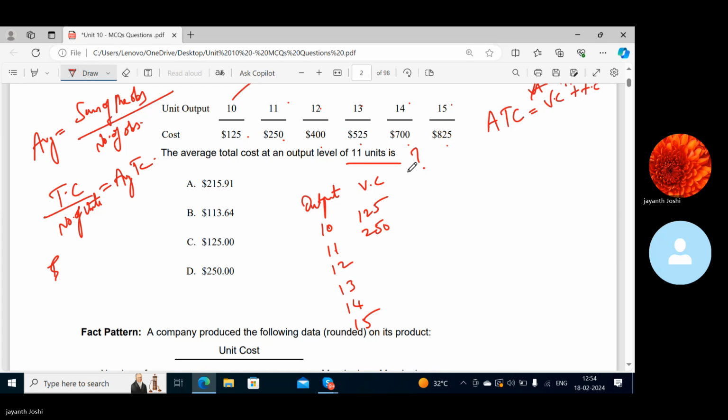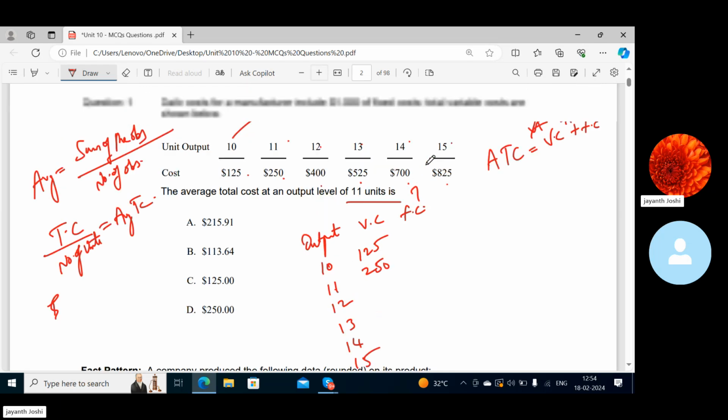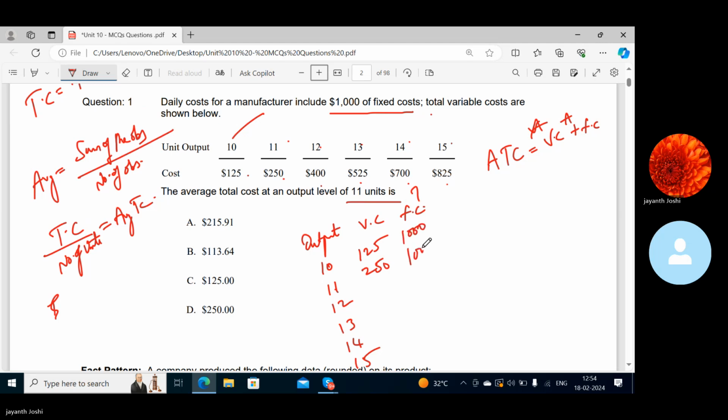Fixed cost is always fixed for any level. So the total cost, because we are doing average, is 1,250. The output is already given to us.